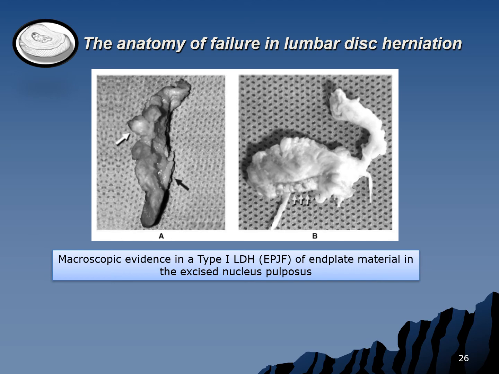If you look at picture A, the white arrow is actually pointing out the bony end plate, as is the black arrow. And in picture B, the three white arrows are showing the apophyseal ring where that nuclear material busted out through.